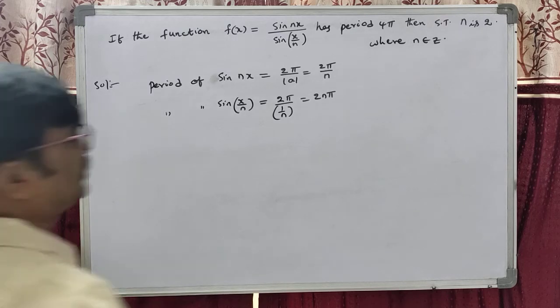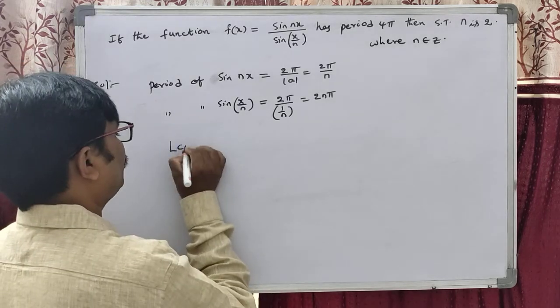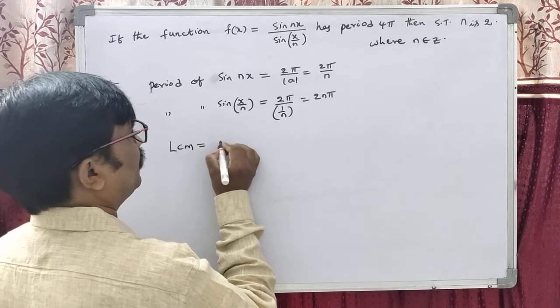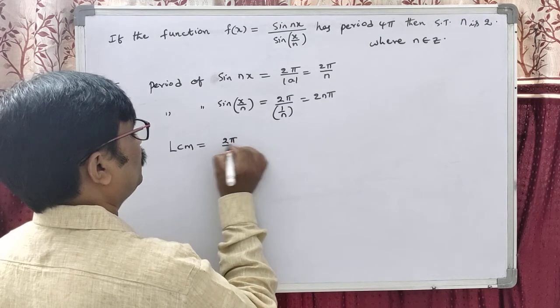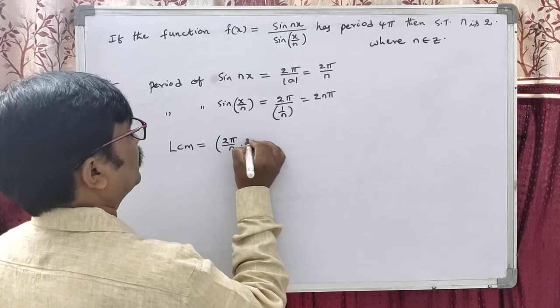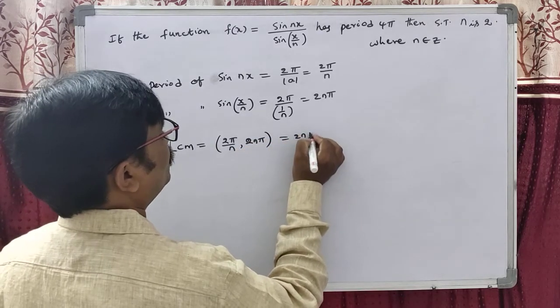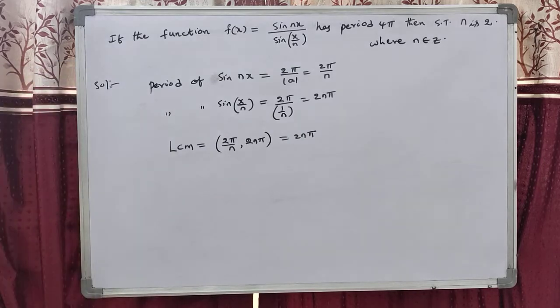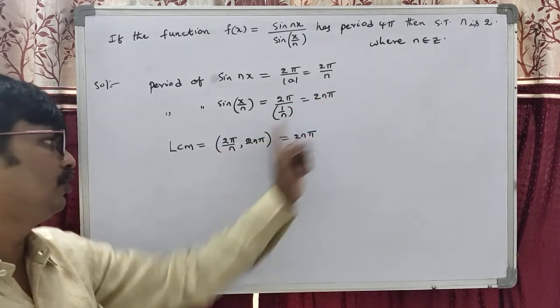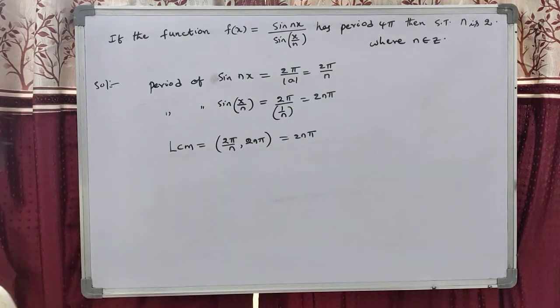Now, what is the LCM of 2 pi by n and 2n pi? It is 2n pi.